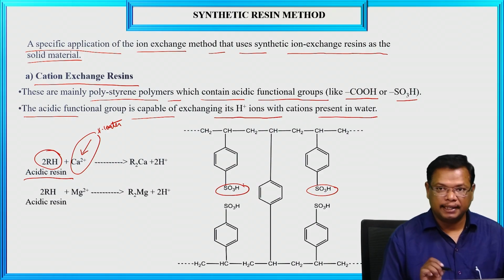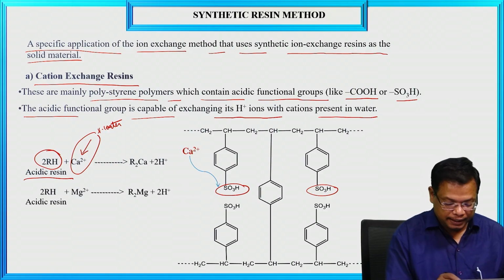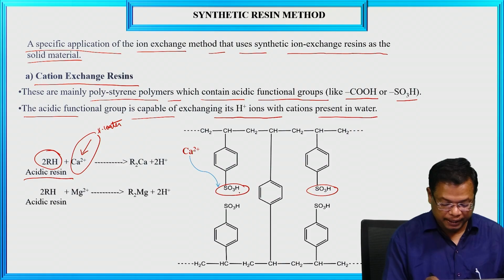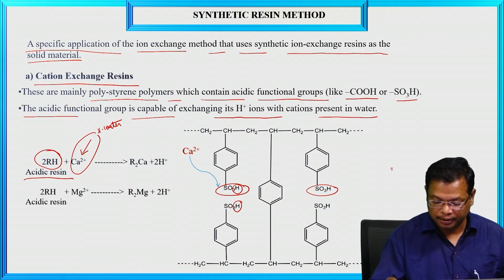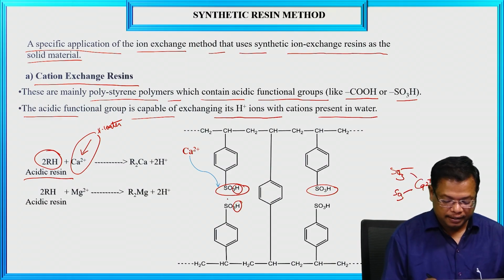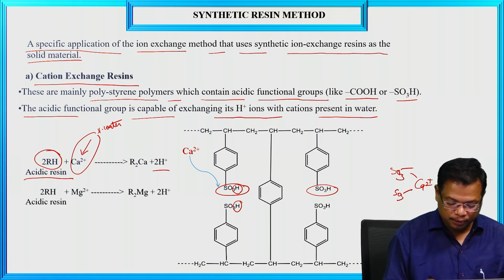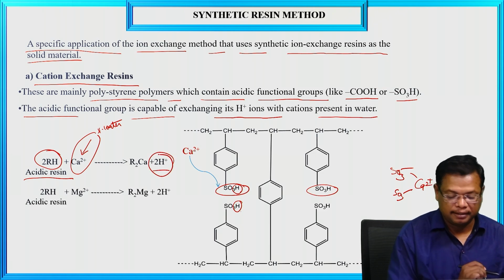The Ca2 plus ions will be caught by these sulfonic groups by removing these hydrogens, and it forms an (SO3 minus)2 Ca2 plus complex. These 2H plus ions will be exchanged.